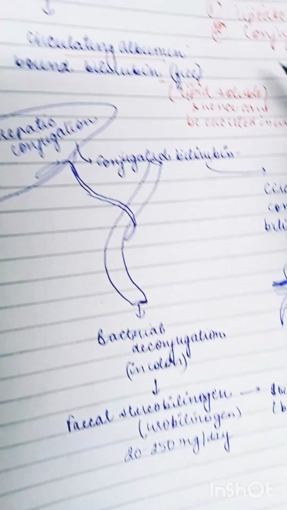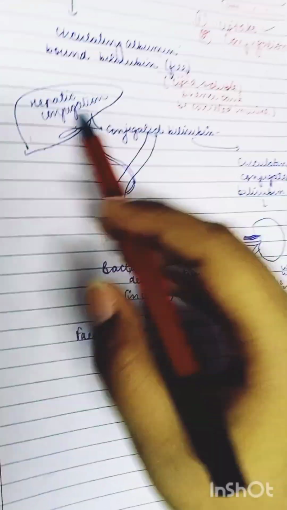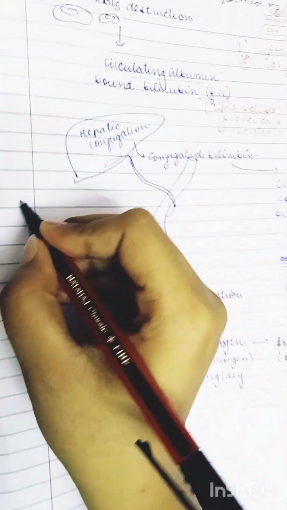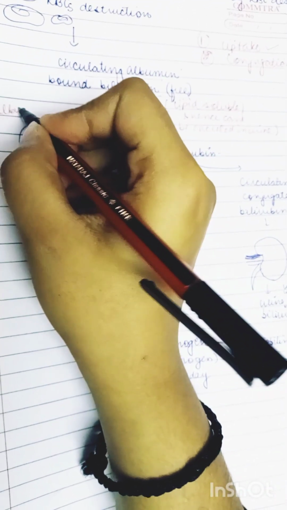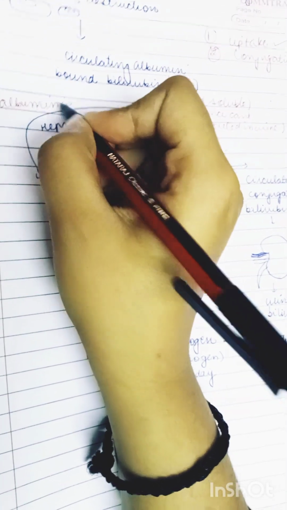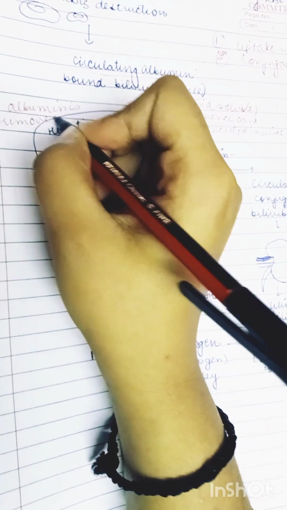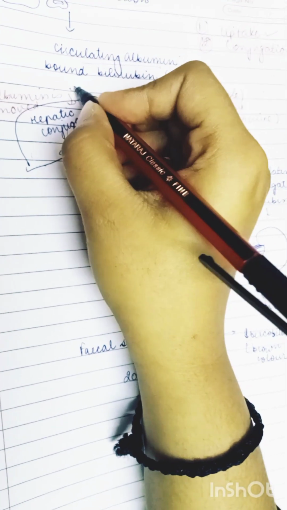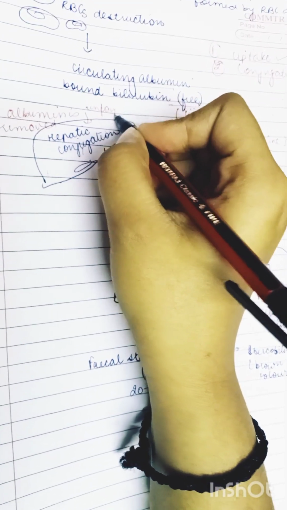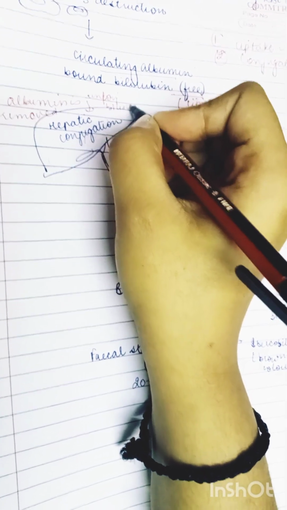Now the albumin is first detached and removed, and only the unconjugated bilirubin enters the liver.